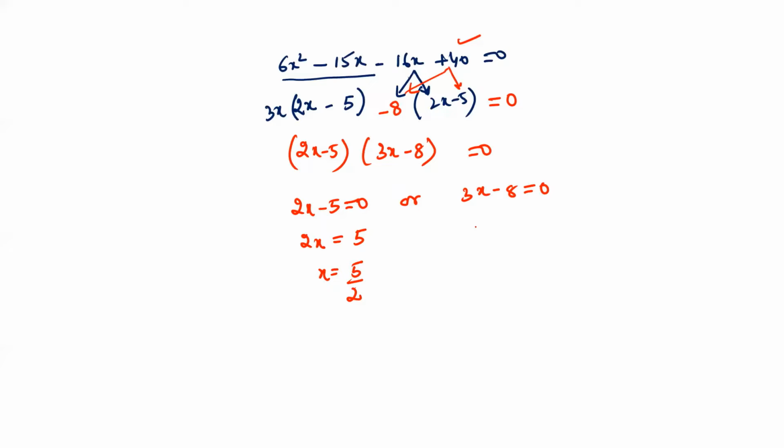We get x is equal to 5 by 2, or 8 by 3. Very good. So if it is not in standard form, you have to get it in standard form. And then if you have all the three terms, you have to apply splitting middle term.